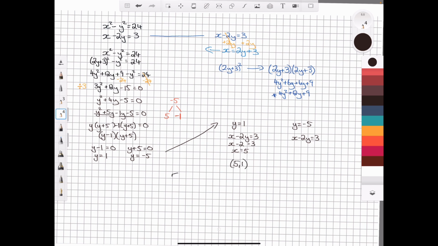And over here, x minus 2 multiplied by minus 5 equals 3. So here you're left with x minus 2 by minus 5 is plus 10, and that's equal to 3. So if I minus 10 from both sides, I am left with x is equal to minus 7.